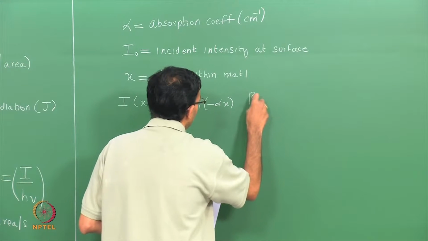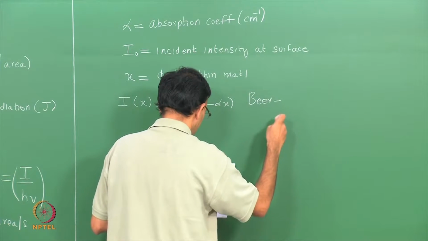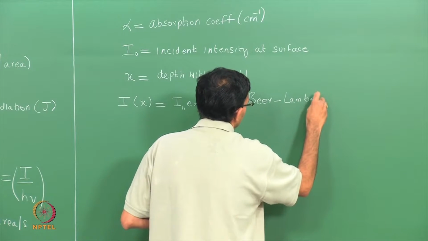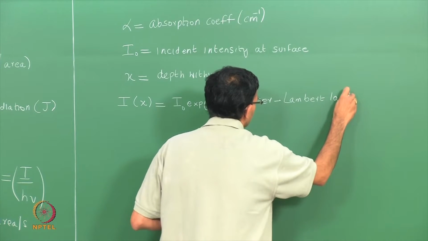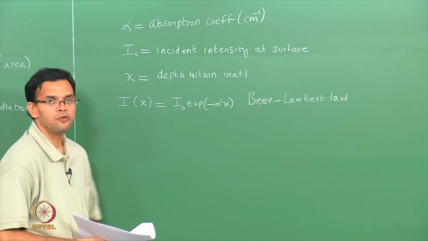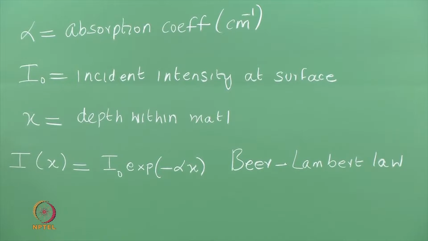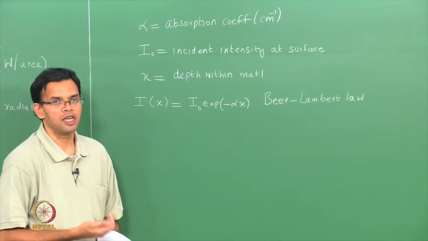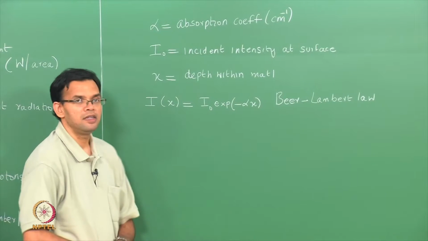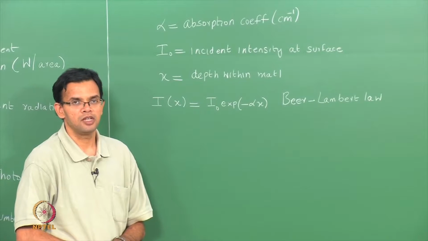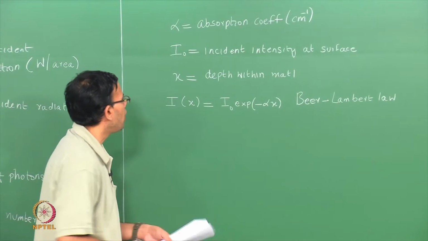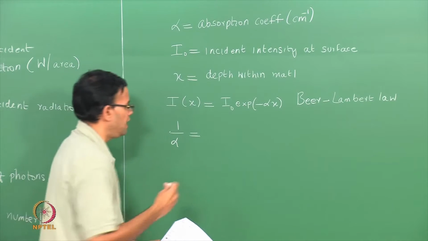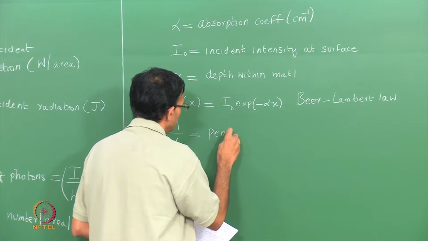So, the intensity drops exponentially as you go deeper within your sample. This is called the Beer-Lambert law. So, this is true whether you have incident infrared radiation or visible light or UV or X-rays. In all of those cases, you are going to find that the intensity goes down exponentially as you go within your sample. 1 over alpha, which has the units of length, is called the penetration depth.